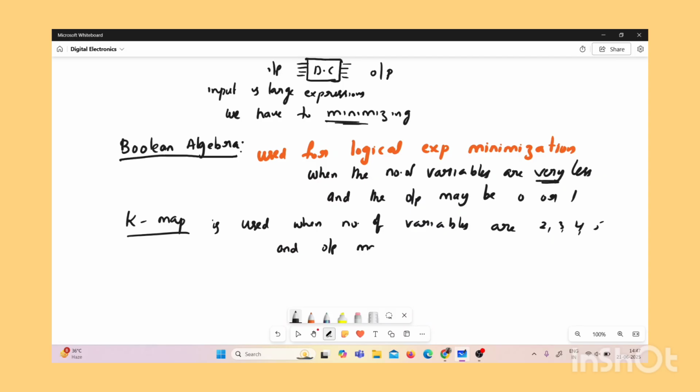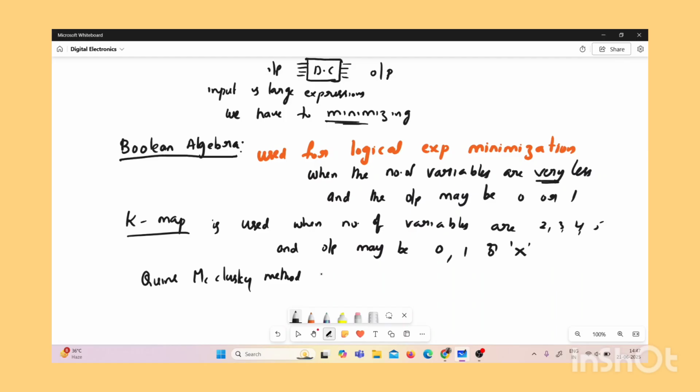The output may be 0 or 1, or sometimes you can also get the output X, that is don't care. Don't care means it does not matter whether it is 0 or 1. That is the function of the K-map. And if the number of variables is more than 5, then we have to use the Quine-McCluskey method.